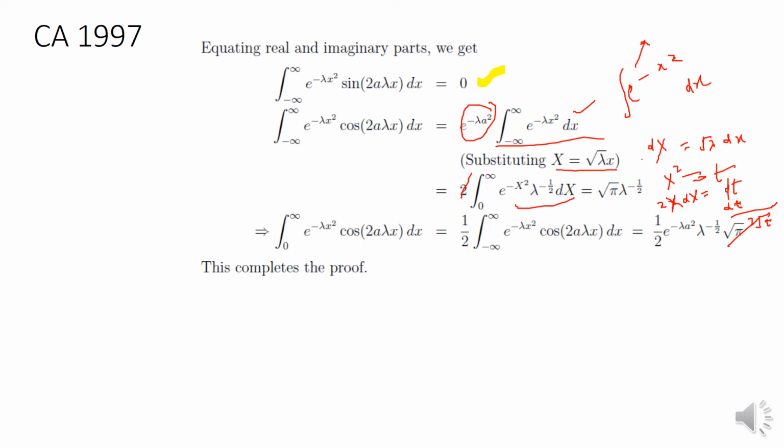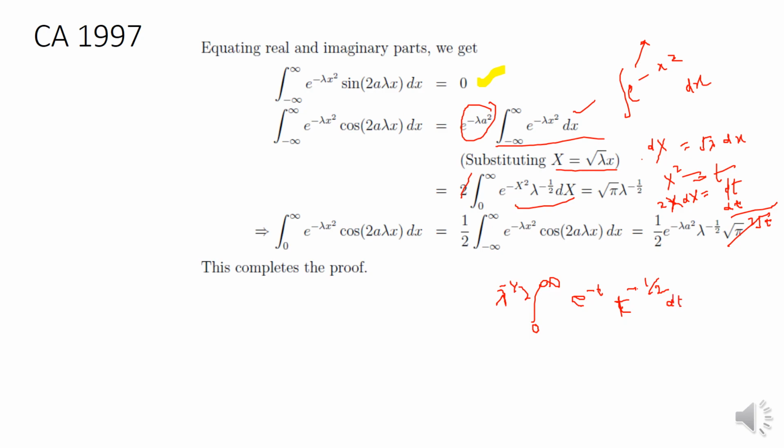So this 2 will cancel out with the 2 which we have written outside, and inside we will have integral 0 to infinity e to the power minus t, and of course lambda to the power minus half is here, into t to the power minus half dt.